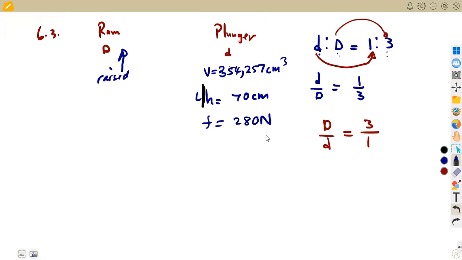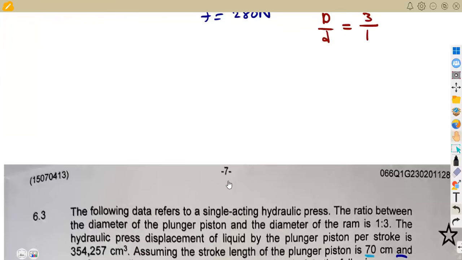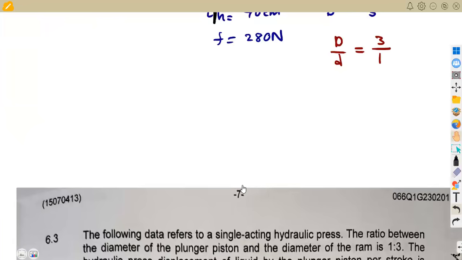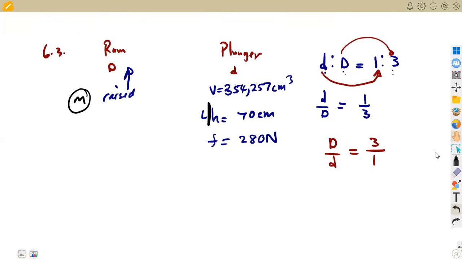So we are supposed to obtain the mass from the ram in this case. It is supposed to be in liters, but there's no effect because a kg is equivalent to 1 liter, so it's a 1:1 ratio.